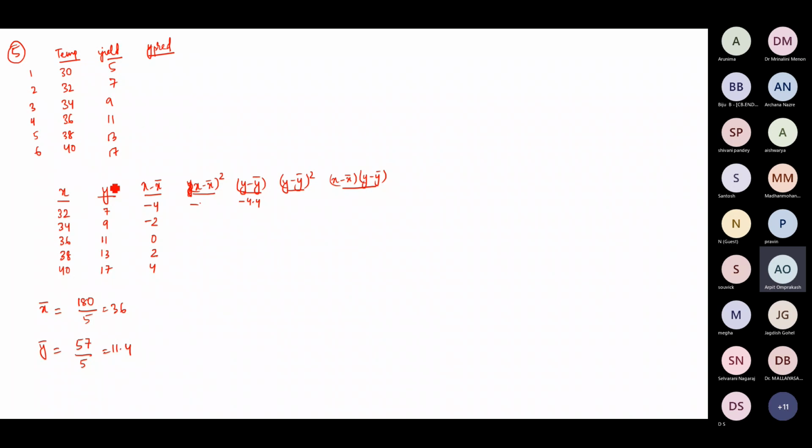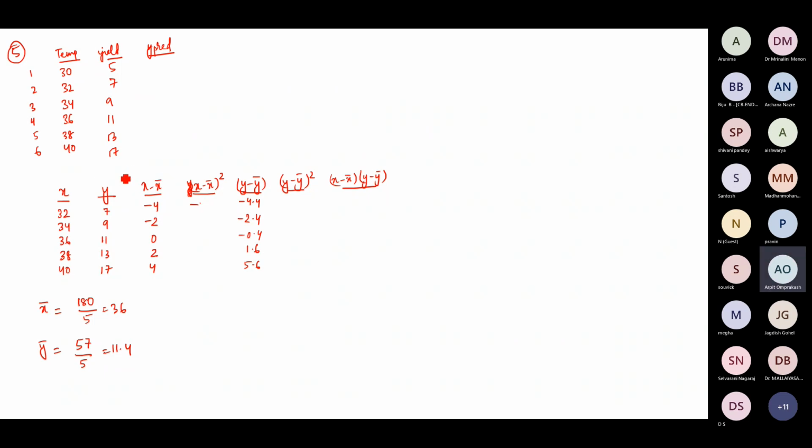So this is y minus y bar. 9 minus 11.4 is minus 2.4. 11 minus 11.4 is minus 0.4. 13 minus 11.4 is 1.6. 17 minus 11.4 is 5.6. So these two columns we got by subtracting.